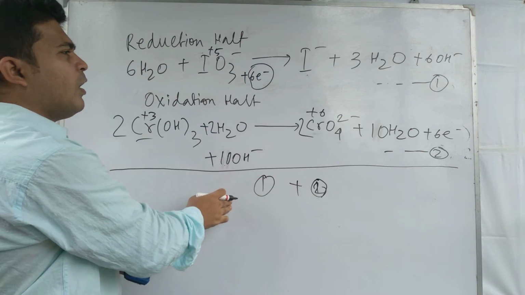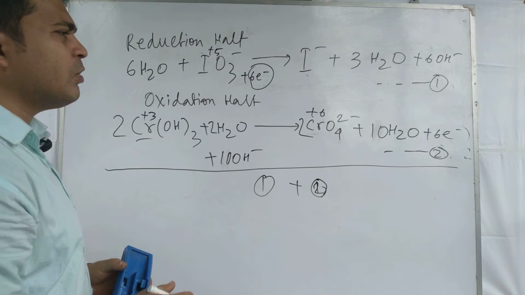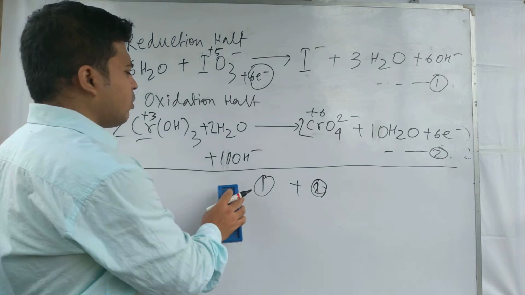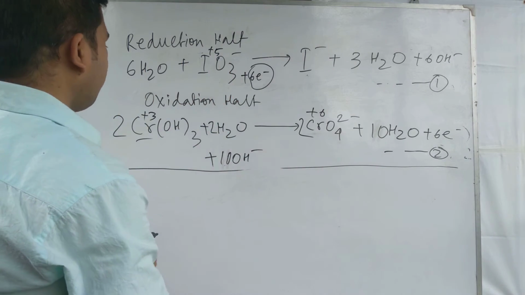Okay, so after that what we have to do, these two equations, equation number 1 and equation number 2, we have to add in order to get the overall balanced equation. So we are adding these two equations here.